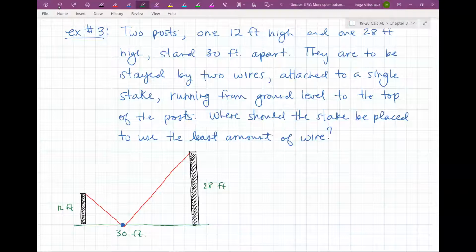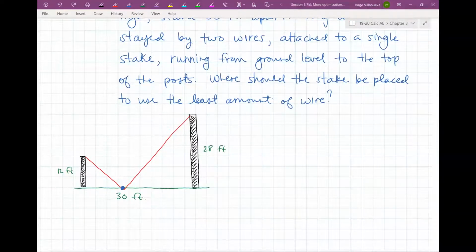Now, if the whole distance here is 30, I'm going to label one of these triangles with an X. So let's call this X right there. If that distance is X, what's the distance on the left side?